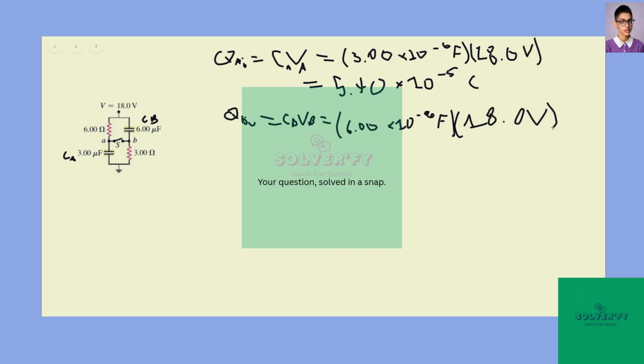Significant figures are very important. So that's equal to 6 times 10 to the minus 6 times 18, which gives you 1.08 times 10 to the minus 4 coulombs.